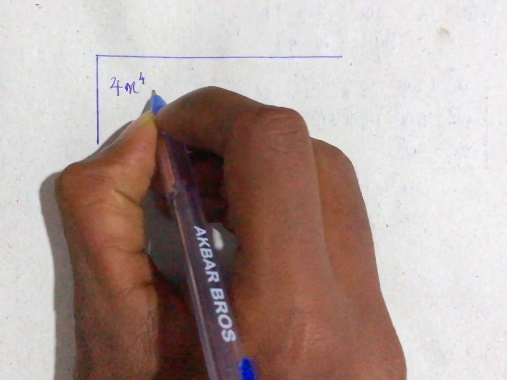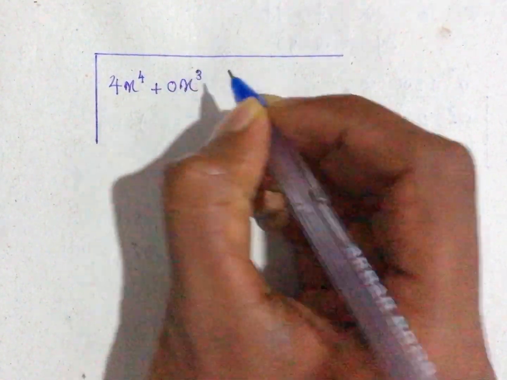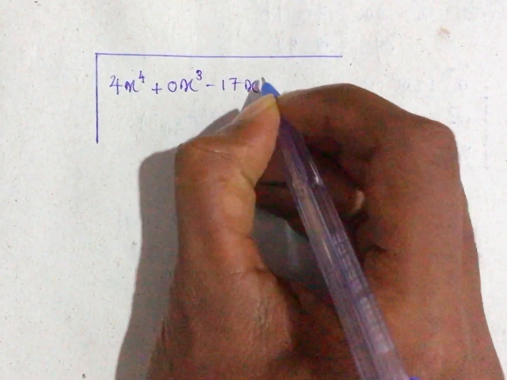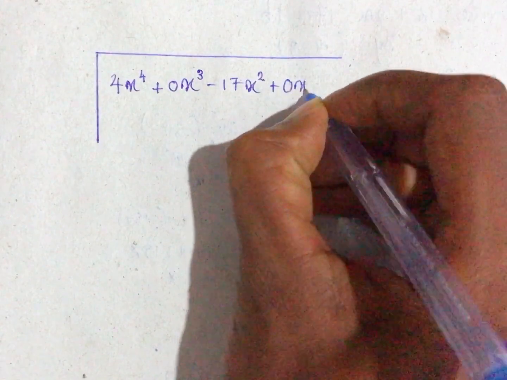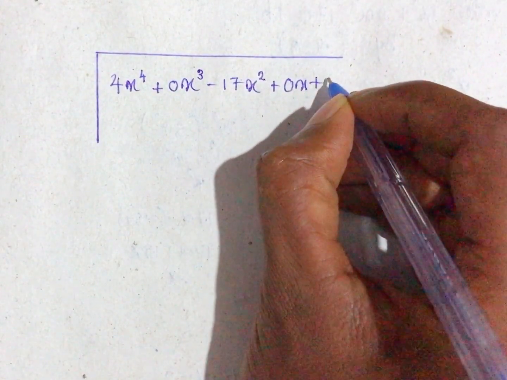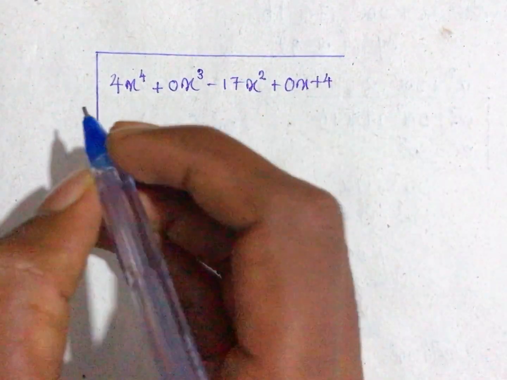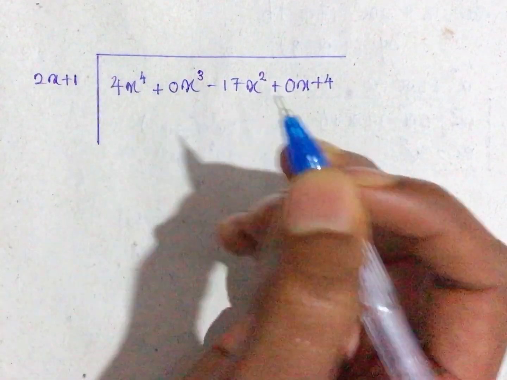You can write it down in decreasing order of powers, like 4x to the power 4 plus 0x cubed minus 17x squared plus 0x plus 4. Then the divisor is 2x plus 1.